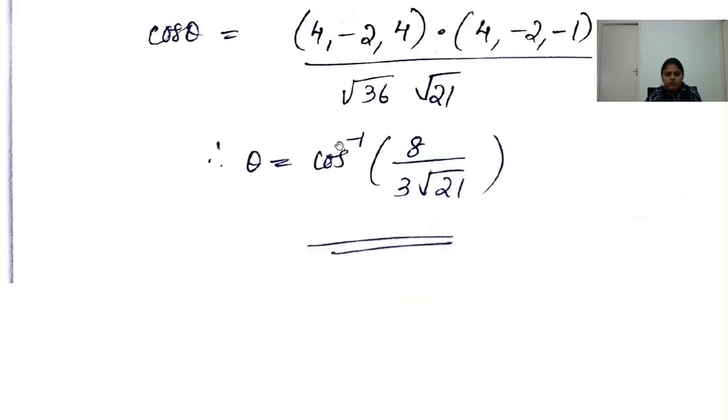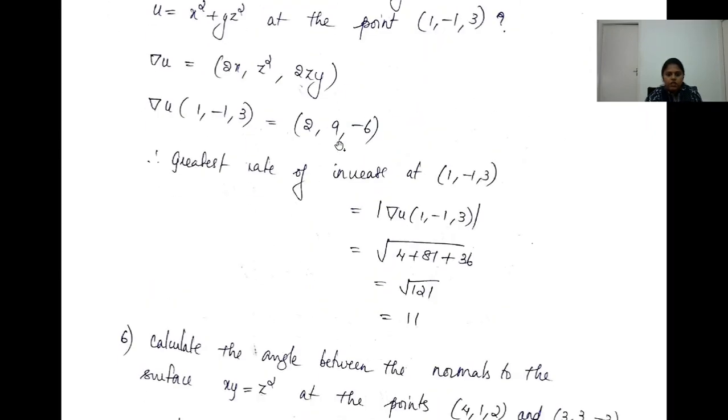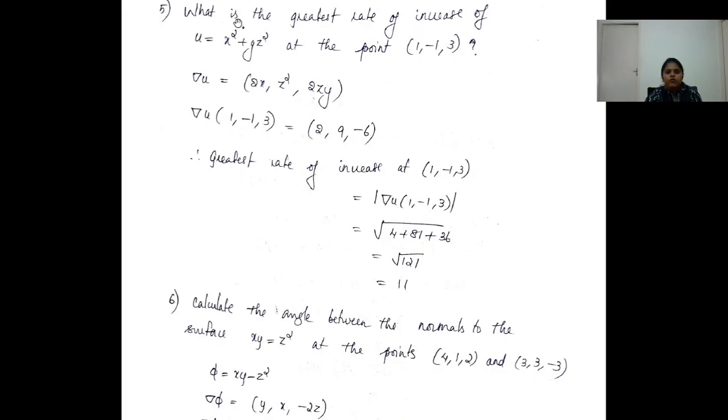And the next question, okay, you have to find what is the greatest rate of increase of u equal to x square plus yz square at the point 1, minus 1, 3.